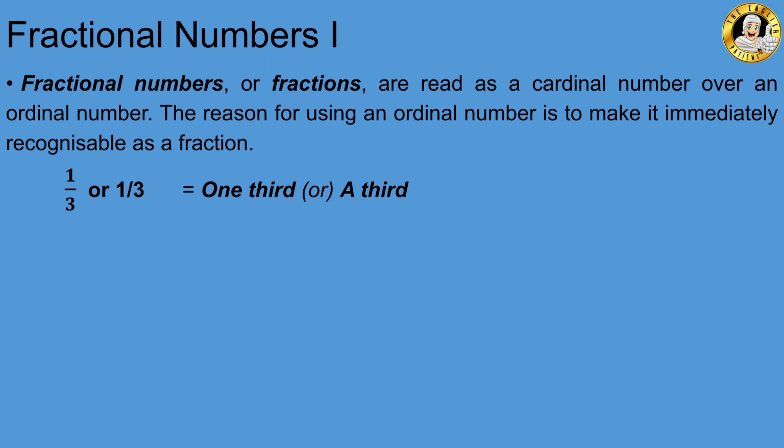one third, then they will immediately know that I'm talking about a fractional number, and that's why it's read in this way. So the first example is literally one third. That's one way of reading it, or a third. Now remember that a is a determiner meaning one amongst many. It literally means one. So you could replace one third with a third as well.